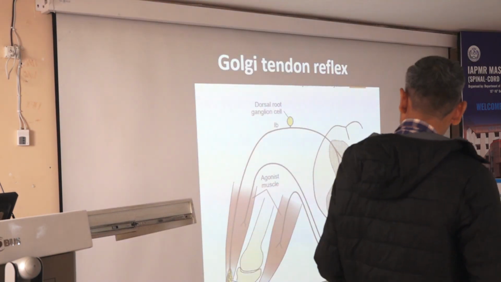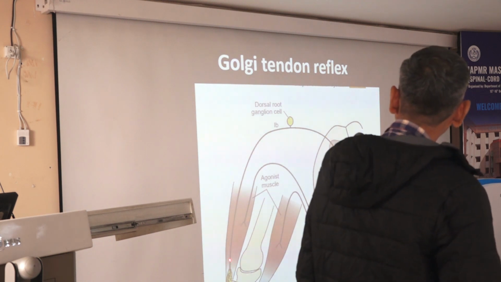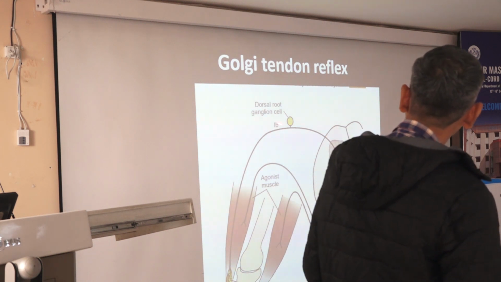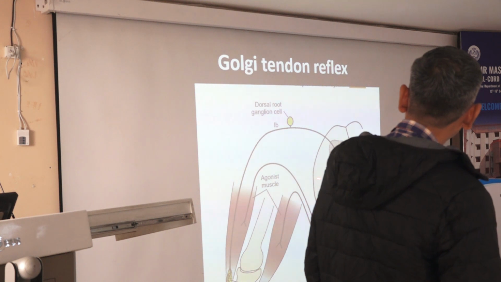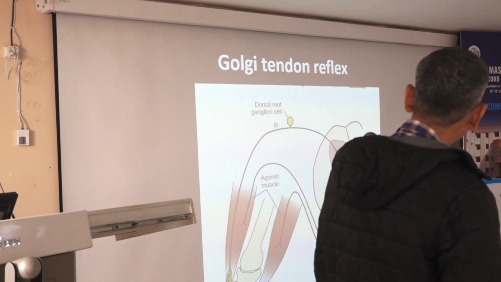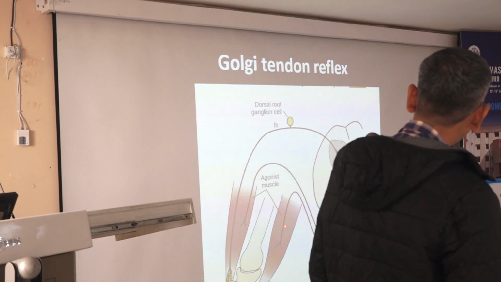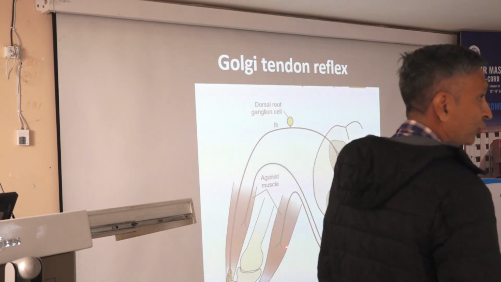It will produce a sealing action for the muscle contraction. When the Golgi tendon 1B fibers fire, they go to 1B interneurons, which are inhibitory interneurons to the agonist. So the agonist is inhibited, and it will give another one to the alpha motor neuron of the antagonist, so that it will produce contraction of the antagonist.